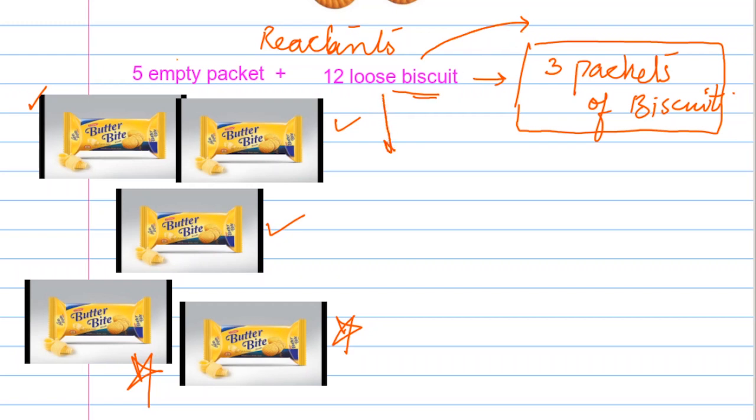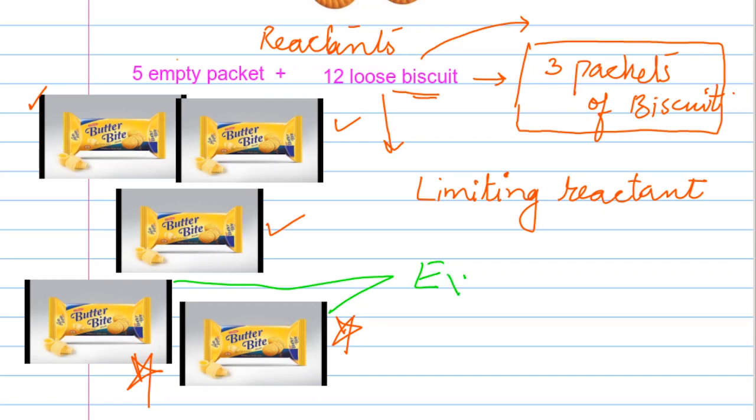So the reactant which is completely used up is called the limiting reactant, and the reactant which is left behind, these two wrappers, is called the excess reagent or excess reactant, right? This reactant is left behind, so we say this is an excess reactant. It couldn't be part of the product. So 3 packets of biscuits are the part of the products.